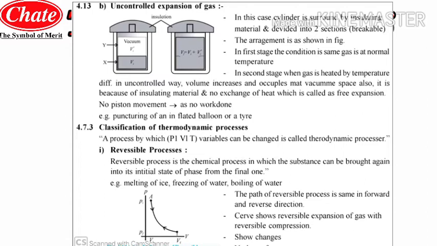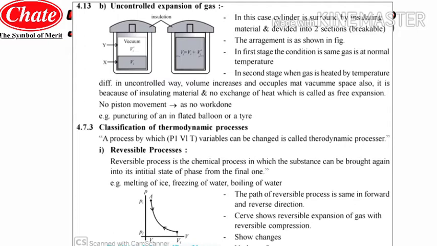Now in the second stage, what we have to do? We have to heat it in an uncontrolled way, meaning there is no limit to heating the gases enclosed in the cylinder. Then what will happen? That gas will increase in temperature drastically, thus the internal energy of the gases will go on increasing.